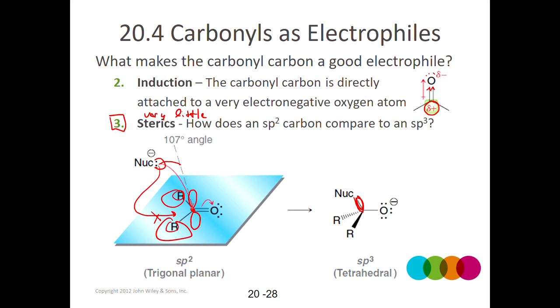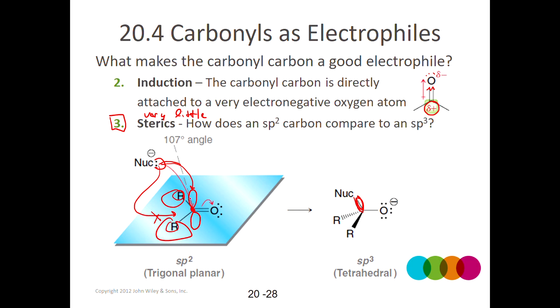It's this p orbital that's going to rehybridize into an sp3 as the nucleophile's orbital comes in and overlaps with it. So the positioning of the attack, you can think of as occurring perpendicular to the plane where all the sterics is. And so the space above the molecule is pretty open since the R groups are in the plane. There's really not much to block that out. Now, if the R groups are extremely bulky, then they might block that out, and the more bulky they are, the more they would block it.